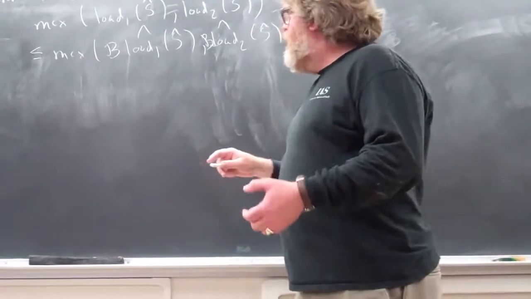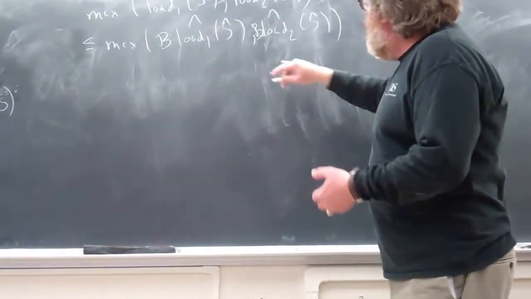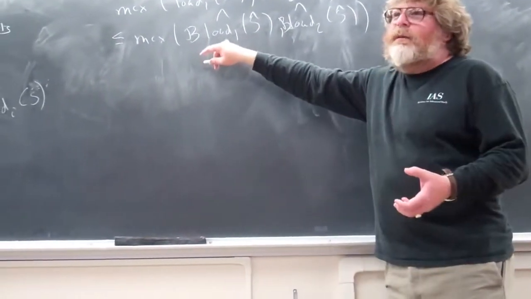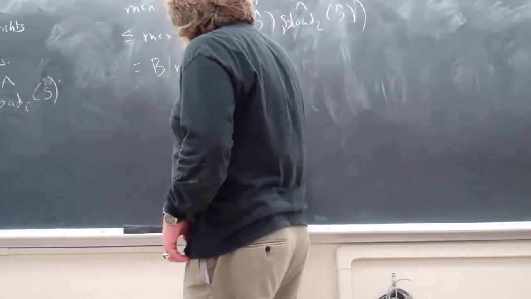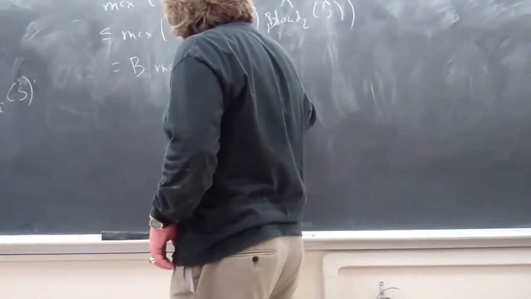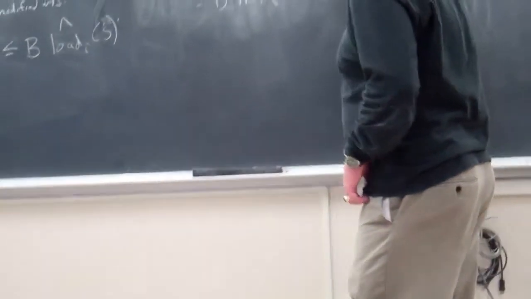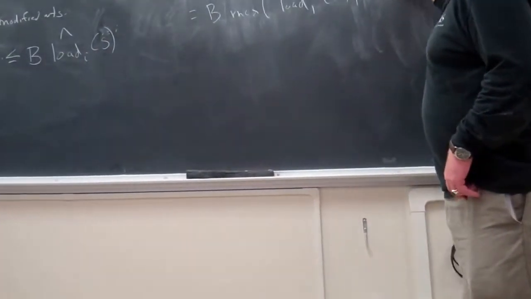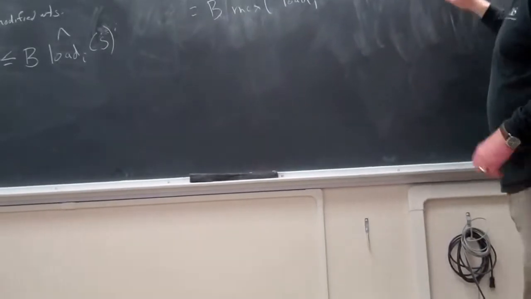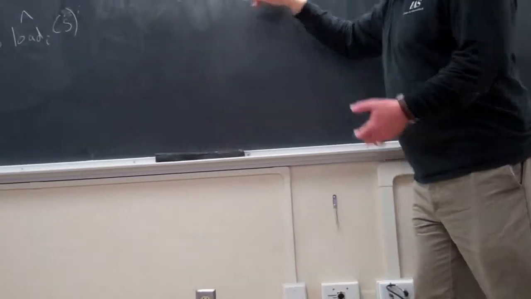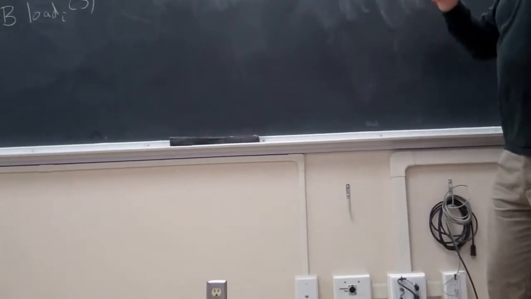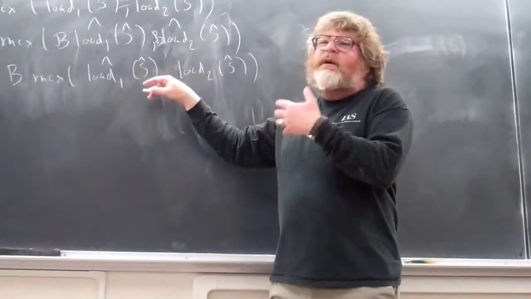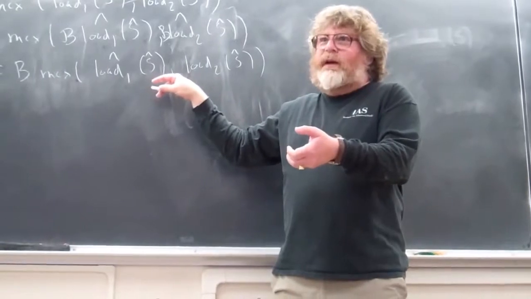But we know that this is equal to b times the max, the makespan for our solution in the modified problem. But we got this solution by finding the optimal solution for the modified problem.